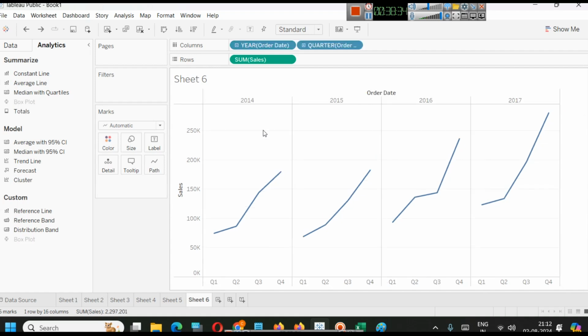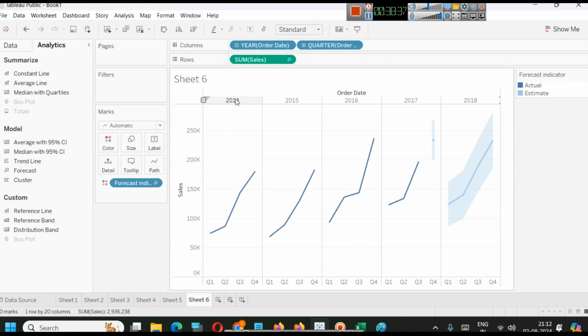So you will create this graph also. Here also we can do forecast, and here the forecast will be a discrete forecast, because you have represented them in a discrete way, so it is predicting, like, for 2018 what will happen. Both of them will be required. Someone might ask you to present it this way: we did this in 2014, this in 2015, based on the same trend, what will be the case in 2018?